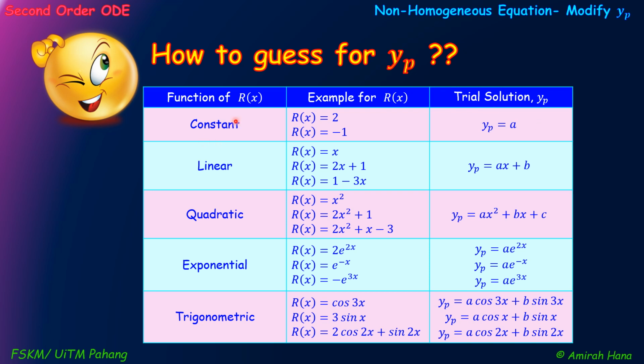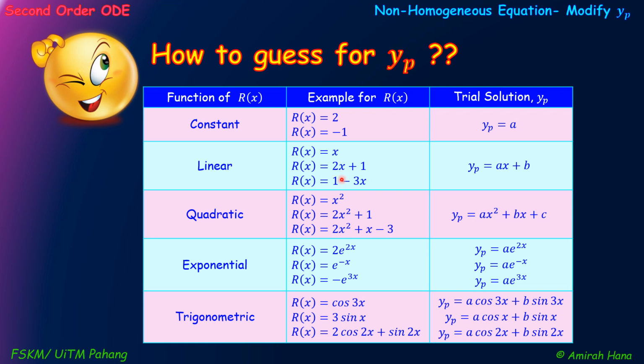Let's say Rx is given as a constant. Constant here means, let's say we have constant 2 or maybe constant -1. So we can write trial solution YP equals constant A. If we have Rx as a linear function, for example Rx equals X, X only means linear function.